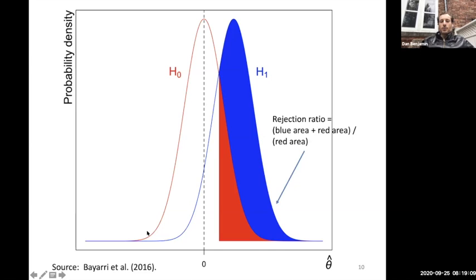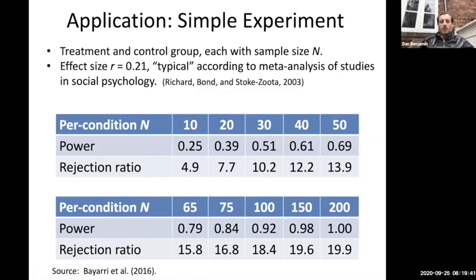So the red curve is the probability density for our estimate under the null hypothesis. So if the true value of theta is 0, then the most likely value of our estimate is going to be 0. But there's some distribution around that because there's noise when we sample. So we could get positive estimates or negative estimates, and we're going to get some distribution, which we might think is just a normal distribution, and it's going to be centered at 0. So that's what this red curve is showing.